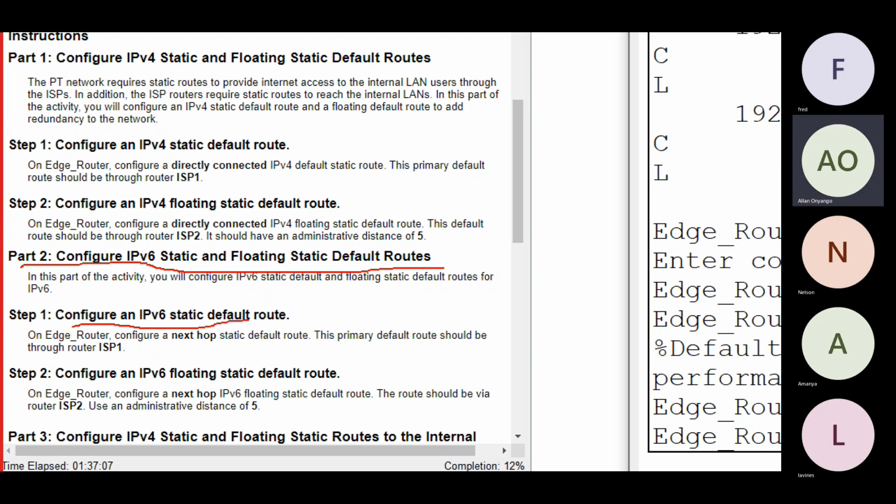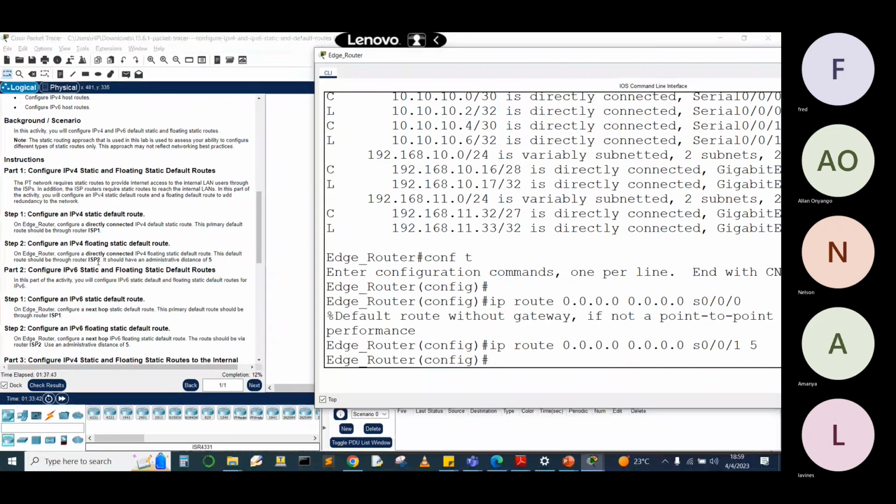On the edge router still, configure a next hop static default route. This primary default route should be through ISP1. So the same thing, a default route using a next hop IPv6 address. And this is where it gets interesting. We know that the command is supposed to be ipv6 route, okay?